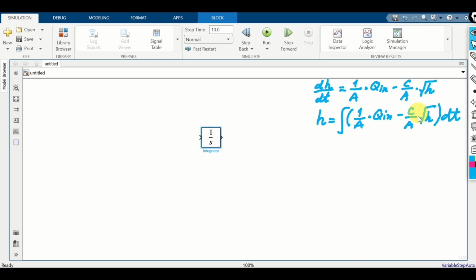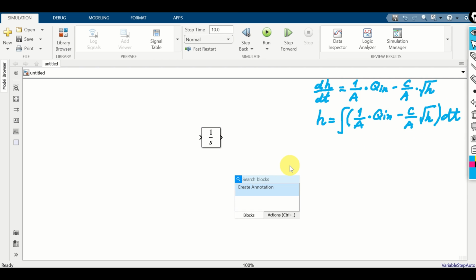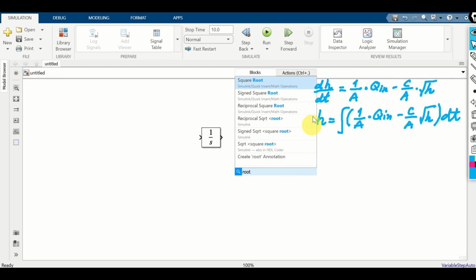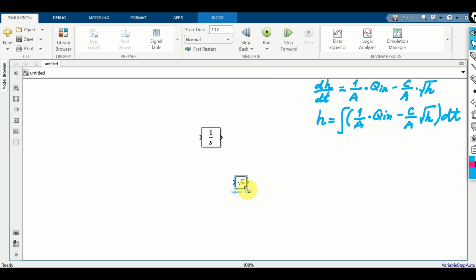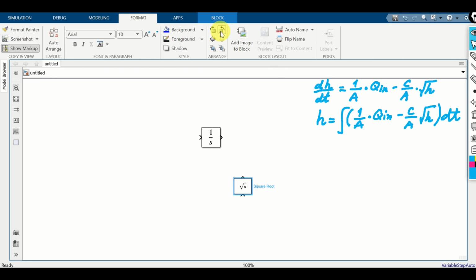The next step is to model this nonlinearity. This is a root, or better to say a square root nonlinearity, and to model it, double-click over here and search for root, and you will find square root. Next, click on Format and click over here to rotate this block.